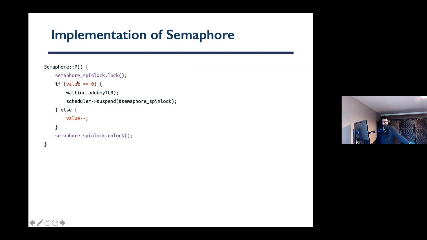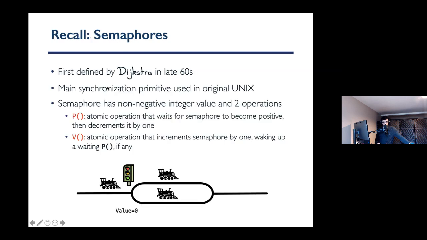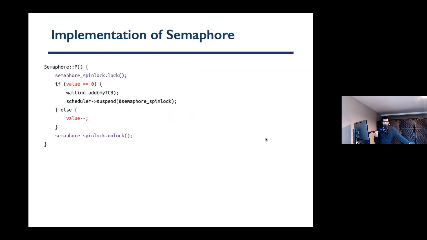One thing that was kind of confusing for students last term, let me mention it. Here we say P is an atomic operation that waits for the semaphore to become positive, then decrements it by 1. So P always decrements, and V always increments. This is the syntax or logic of P and V. Now, in the next slide, we have the implementation.